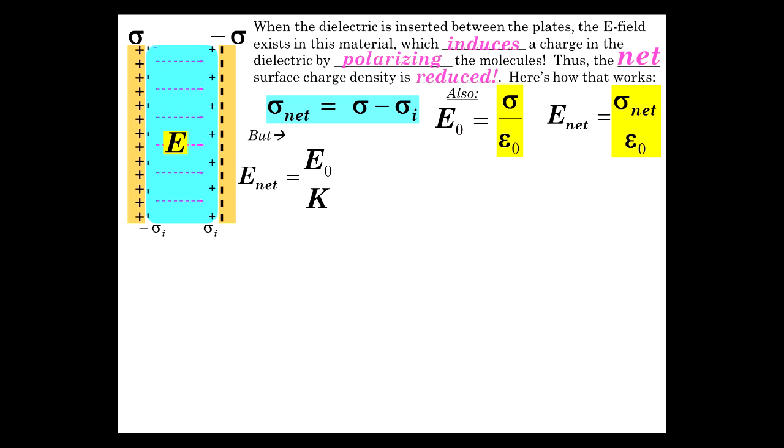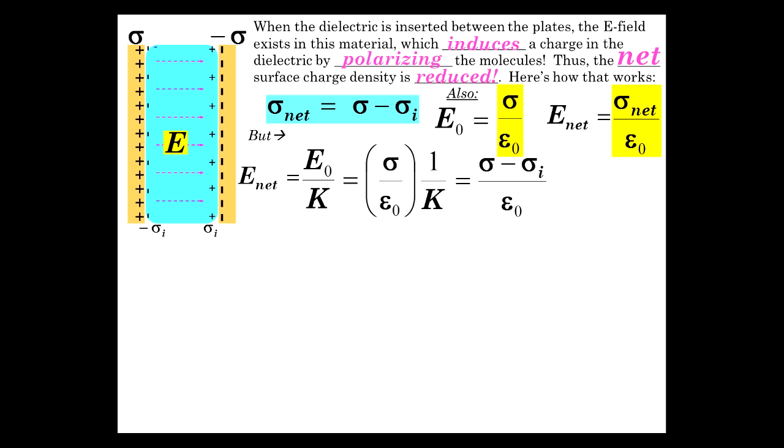Now, E net is E0 over K. So if you divide the original electric field by K, you get the new electric field. That's how that works.